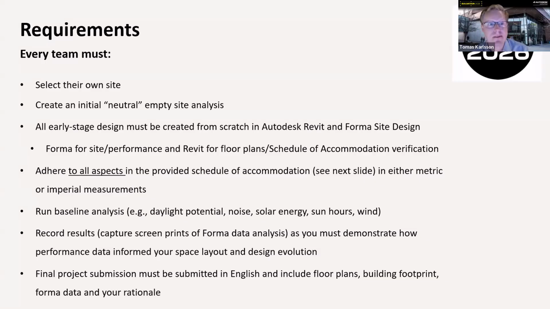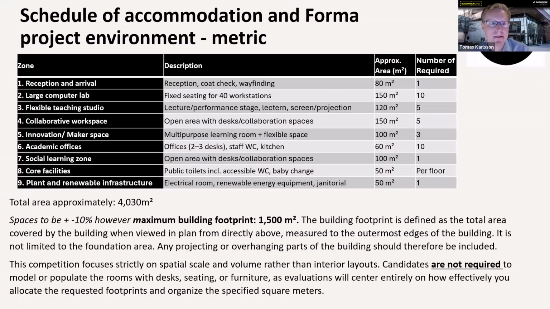So then let's look at the schedule of accommodation, which is your roadmap as you develop this. Again, quite a lot of text, so bear with me as I talk through. We are providing it in metric and imperial. I will use the metric version to explain the concept, but you will have access to both, and it is, as I said, your decision which measurements you're most comfortable with.